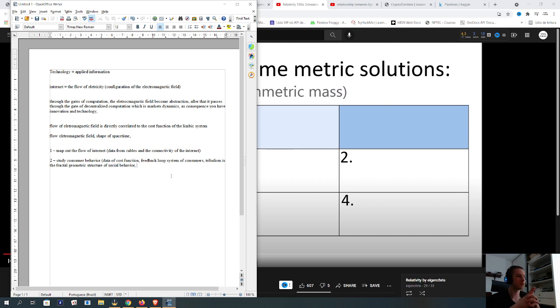So basically, you can view the market economy in the same way that you view a neural network trying to fit some data set. I think that's what markets are doing. You have data points coming in, which is the electromagnetic field, and the structure of the market is to find the relationship between these data points, which means how useful something is for our society.